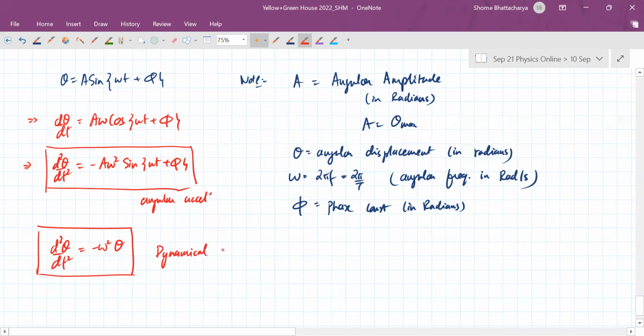This is the dynamical condition, or the net torque.